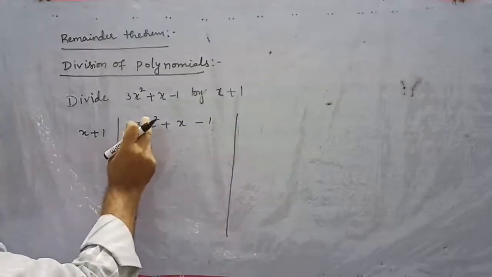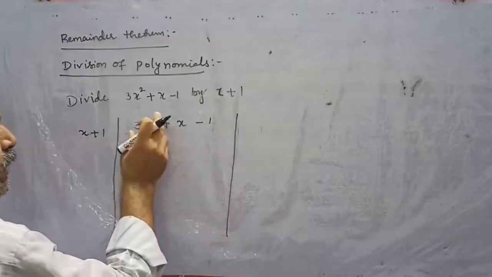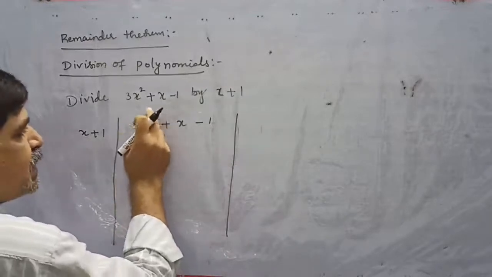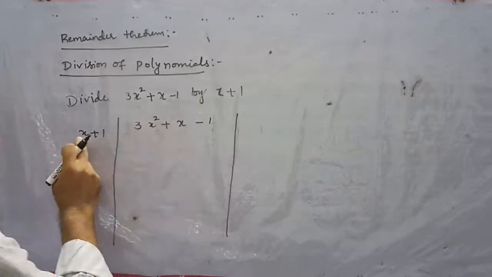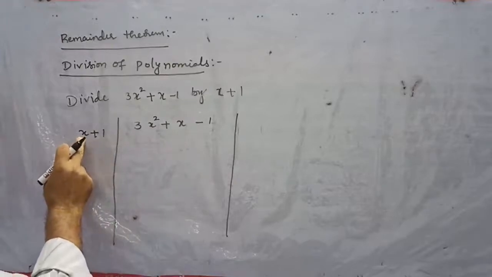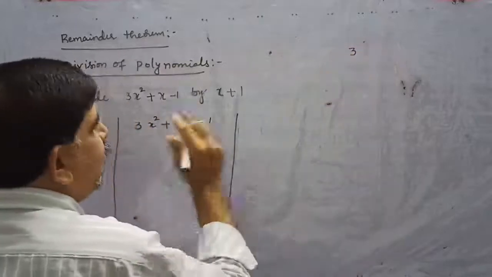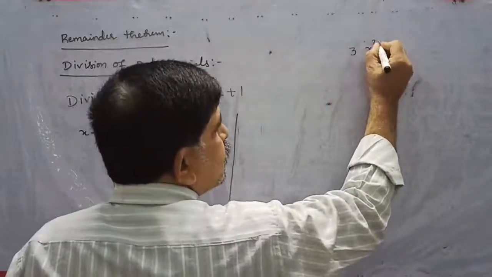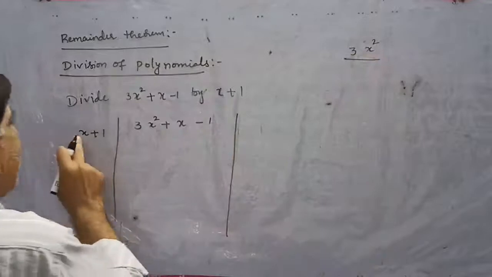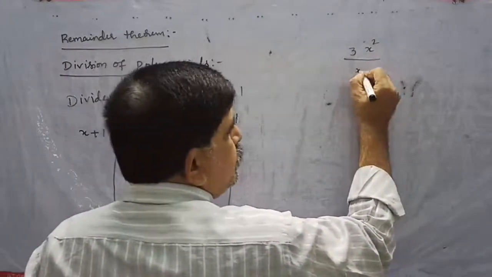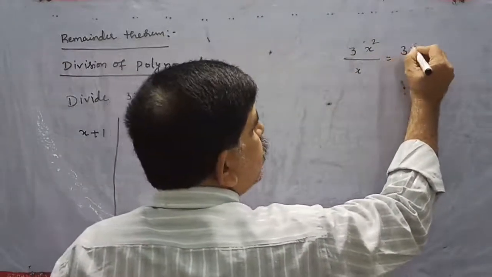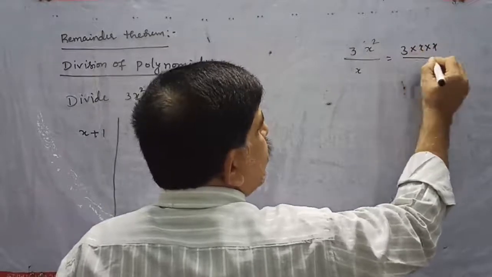Okay. So first, to get the quotient, you have to divide the first term of this polynomial by this linear polynomial divisor. Okay. Now the first term is 3x square. 3x square by x. What we get? So 3 into x by x.